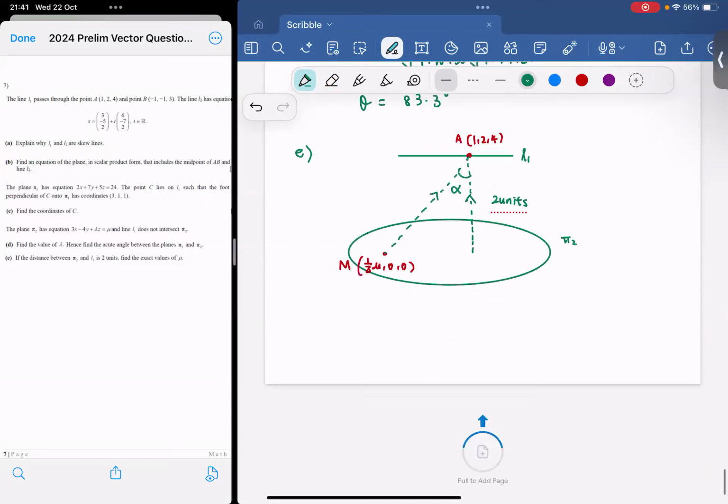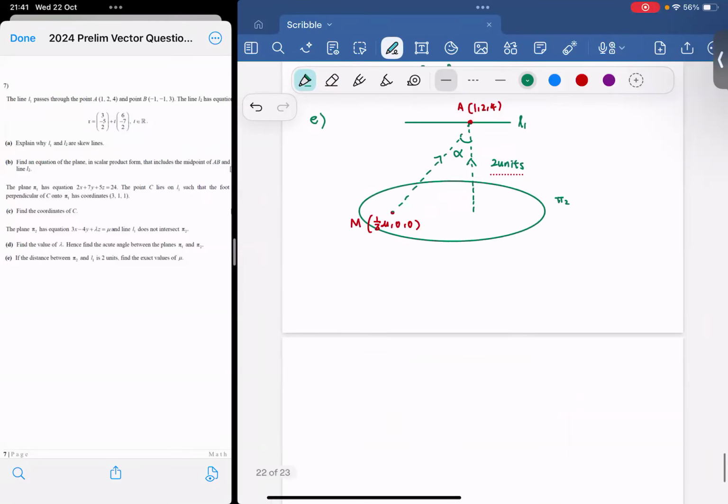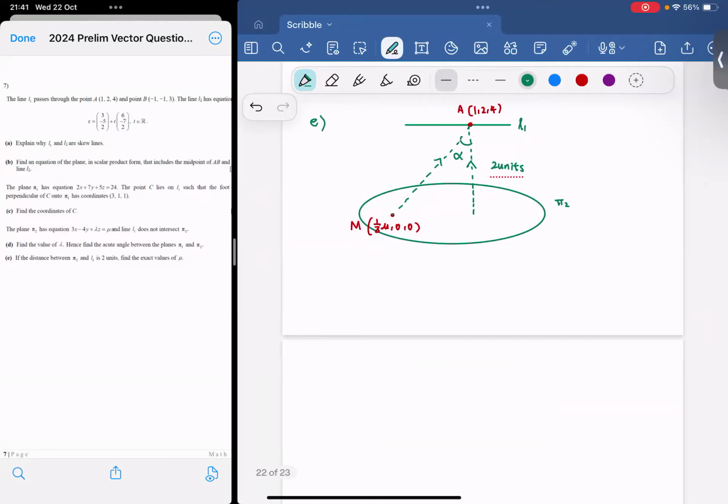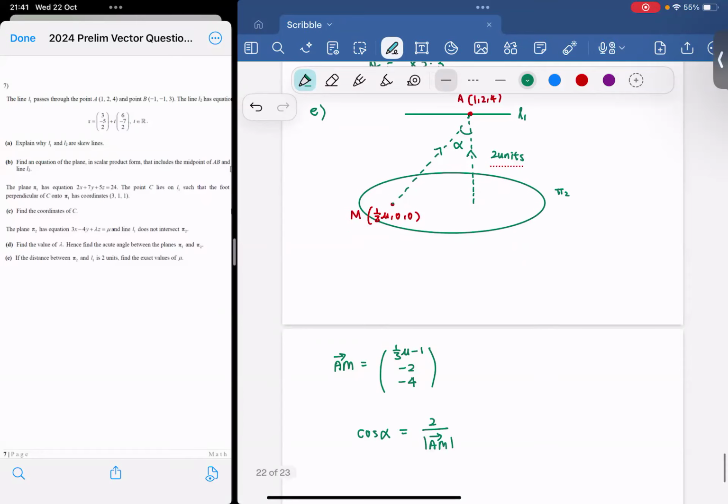Okay, so let's take a look. First we find AM. AM is just (1/3 mu minus 1, -2, -4). Okay, so we use cosine alpha equals 2 over the length of AM, adjacent over hypotenuse. And what is cosine alpha?